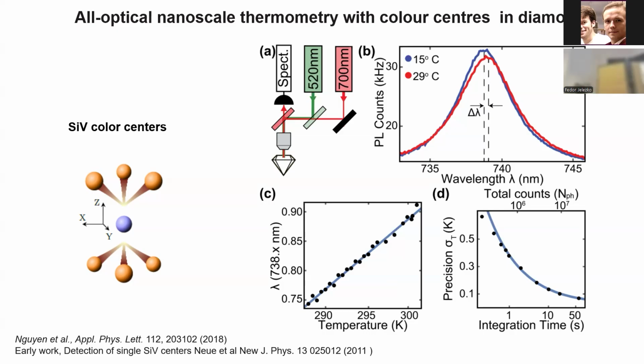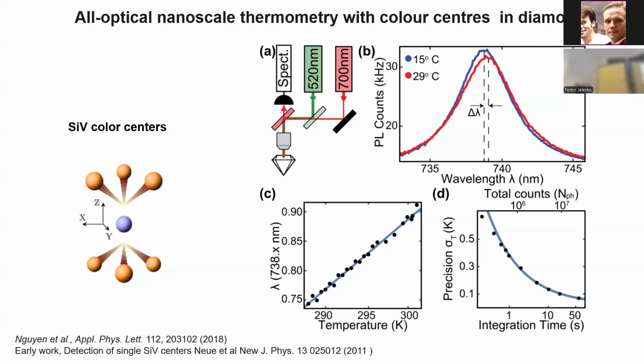And the silicon atom is a bit larger than nitrogen, so it doesn't fit very well into a carbon position, and it gets shifted to a position between two vacancies. And it's a highly symmetric structure, leading to the fact that the fluorescence emission spectrum of this color center is very, very narrow, just a few nanometer line width.